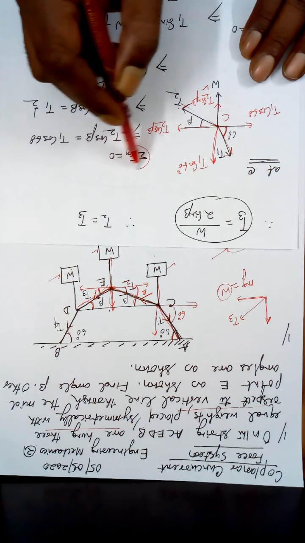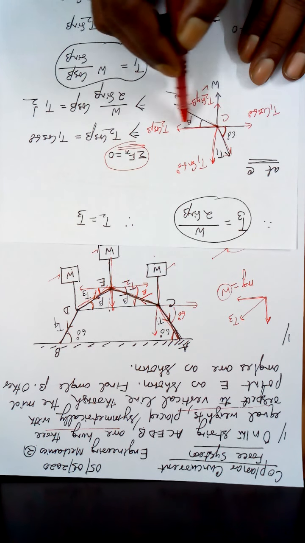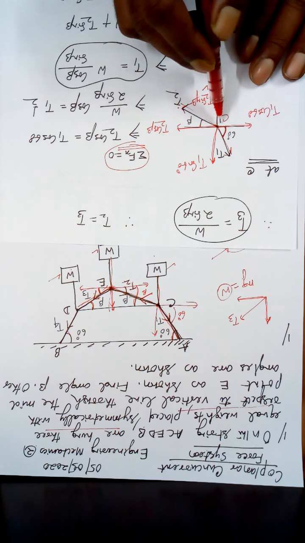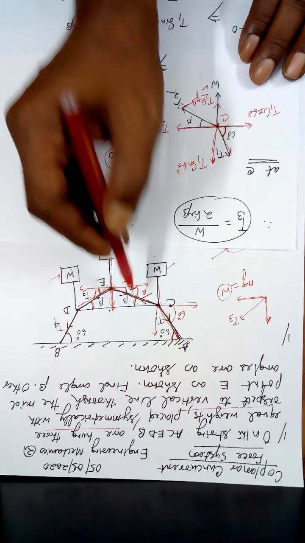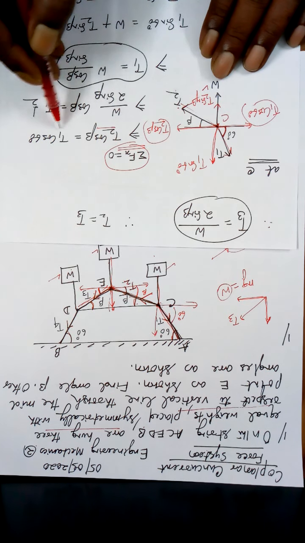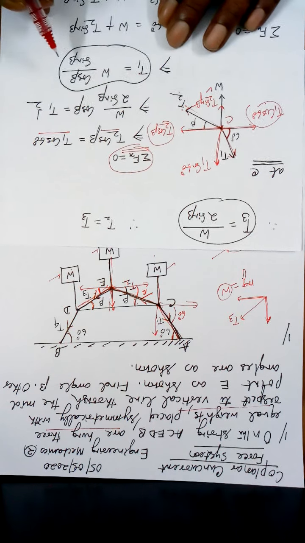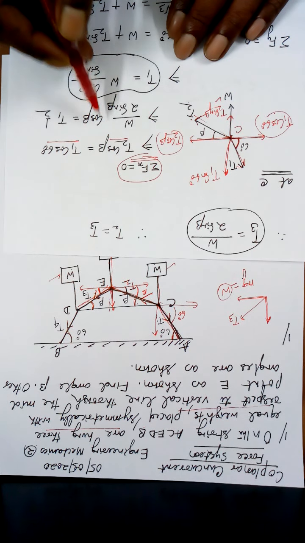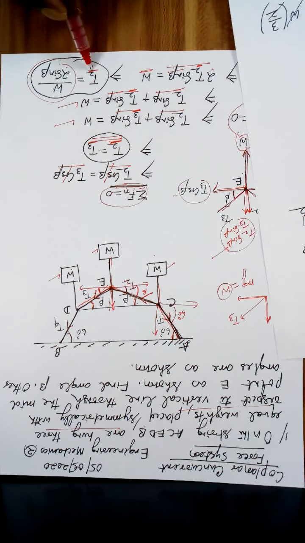Now look at only the forces along x-axis. This is one force, this is another force. Since this point is neither moving to left or to right, therefore this must be equal to this. Therefore T2 cos beta is equal to T1 cos 60. So from this, we have just calculated T2 is equal to W over 2 sin beta.